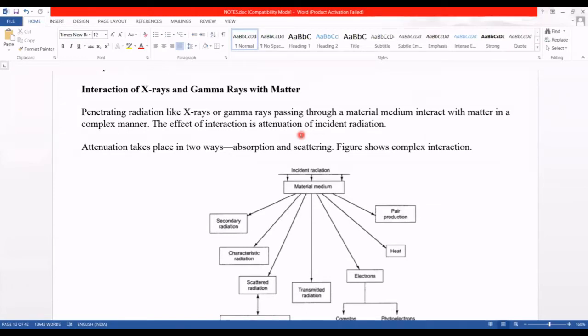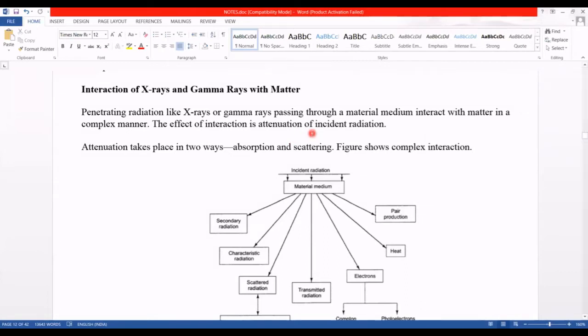In this interaction of radiation with matter, what kind of observations, requirements and effects are there? We have to discuss all these things in this topic. While the radiation interacts with the matter, what are the concepts required to know for radiography?